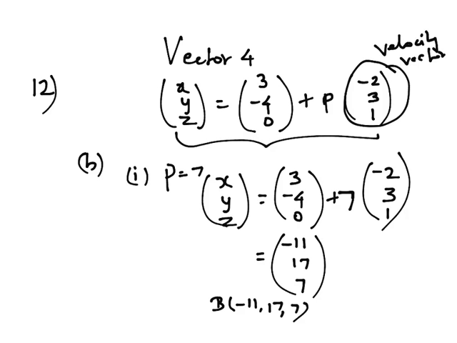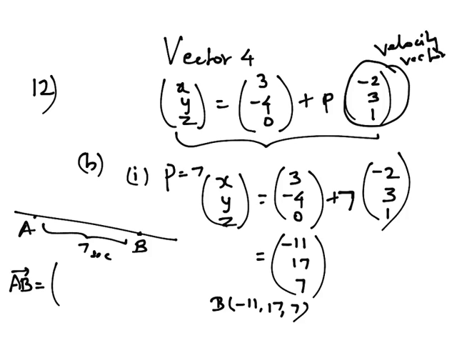Right? Okay. Now the next question is, find the distance the airplane has traveled during the 7 seconds. Initially the airplane was at point A. Now after 7 seconds it is at point B. So basically, what is the distance traveled by the airplane? For that we need to find vector AB, which is OB minus OA. OB is (-11, 17, 7), minus OA, which is (3, -4, 0).